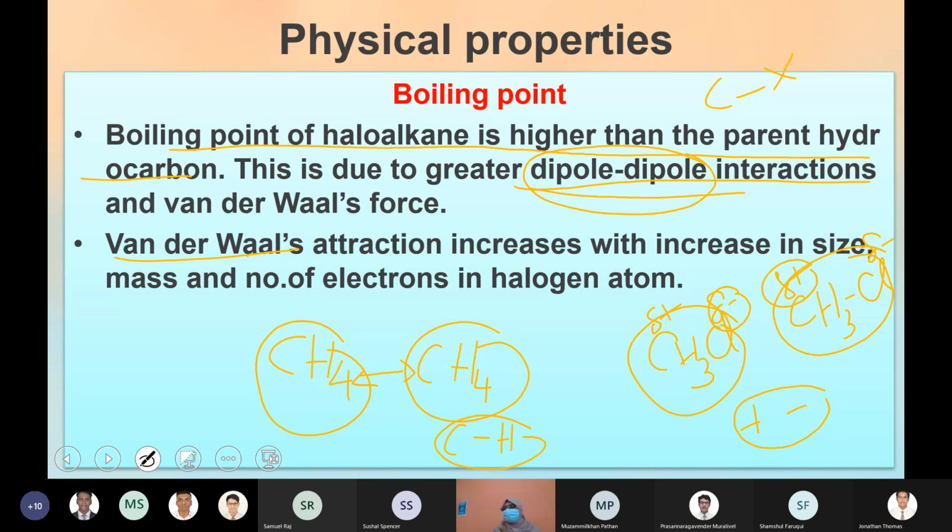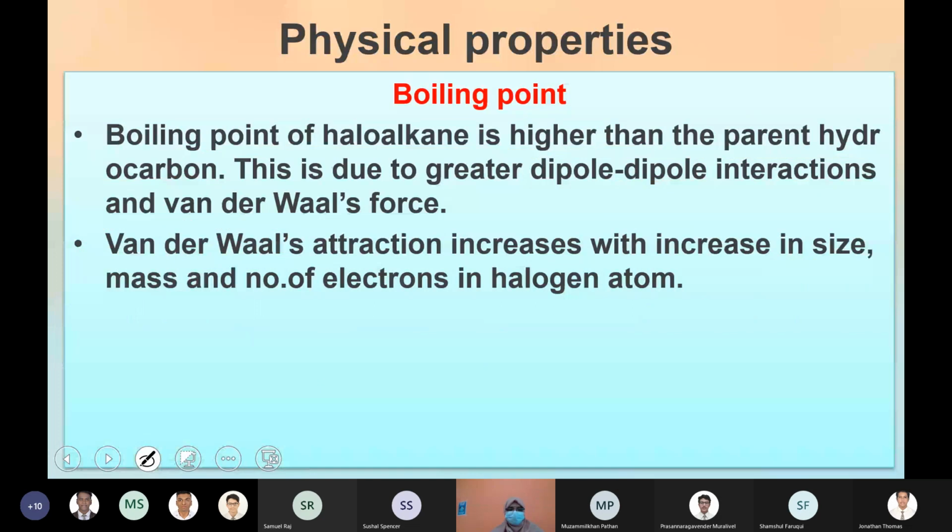In the case of alkyl halides or aryl halides, since the carbon-halogen bond is polar, there is dipole-dipole interaction. In the case of hydrocarbon, it is only van der Waals force. Actually here it's a mix of both: there is dipole-dipole interaction and also van der Waals force. But in the case of hydrocarbon, it is just van der Waals force of attraction.